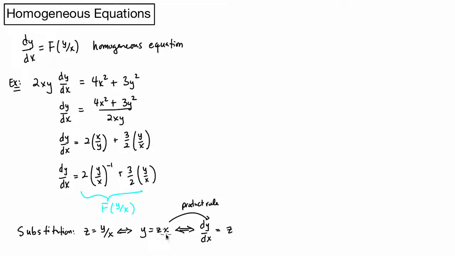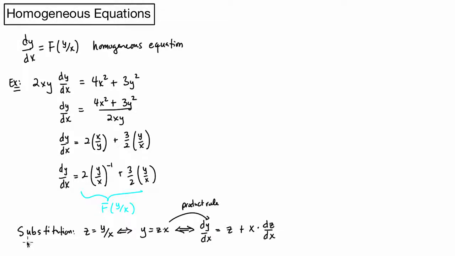Now you have to take the derivative of the z part with respect to x, and that's going to wind up being x times z prime, or we'll just say dz/dx. So this is a basic product rule and what it would look like in this case. Basically, it's the derivative of x, which is 1, times z, plus x times the derivative of z.